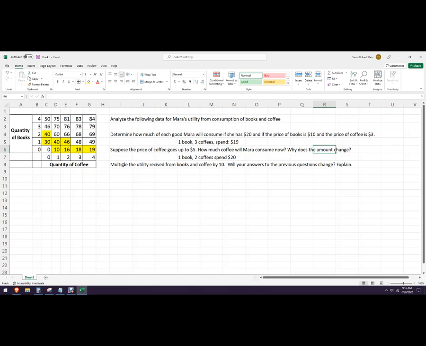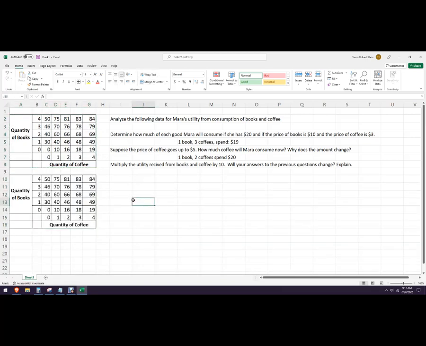Now multiply the utility received from books and coffee. Let's try it. What you can do with Excel is copy the whole thing right here, delete all of this, and write a formula.